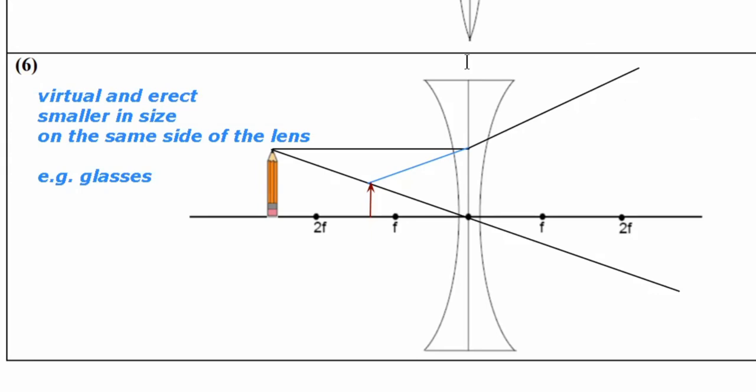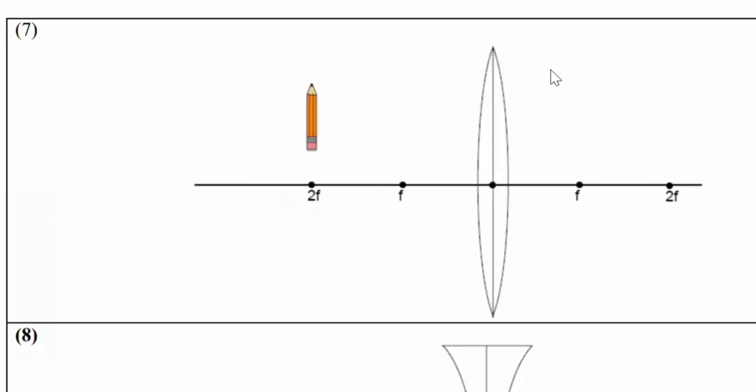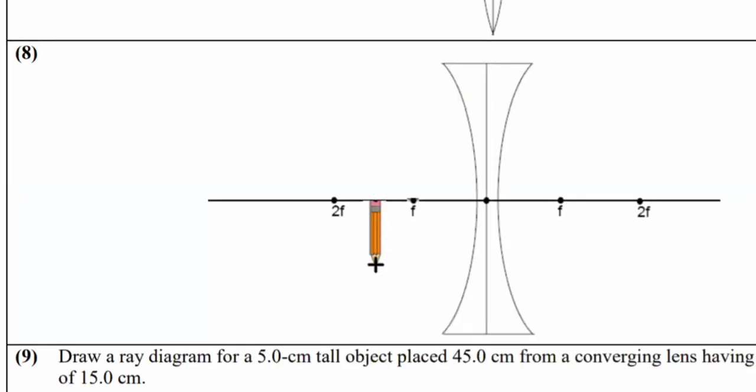I'm going to explain the defects of the eye properly in another video, where I'm going to tell you what the problems with your eye are that you need to wear glasses that either have a convergent or a divergent lens. In this example, you're going to draw the two light rays in the very same manner, and you will get your image.